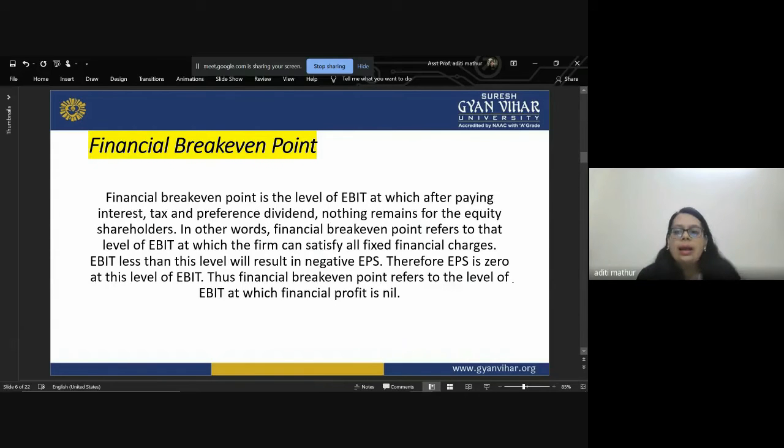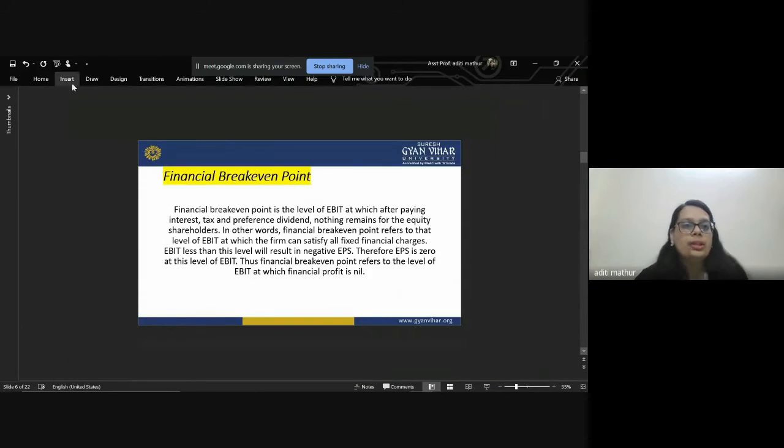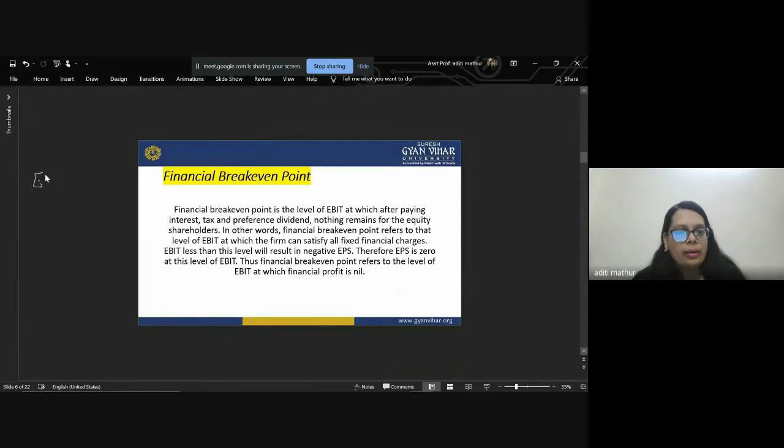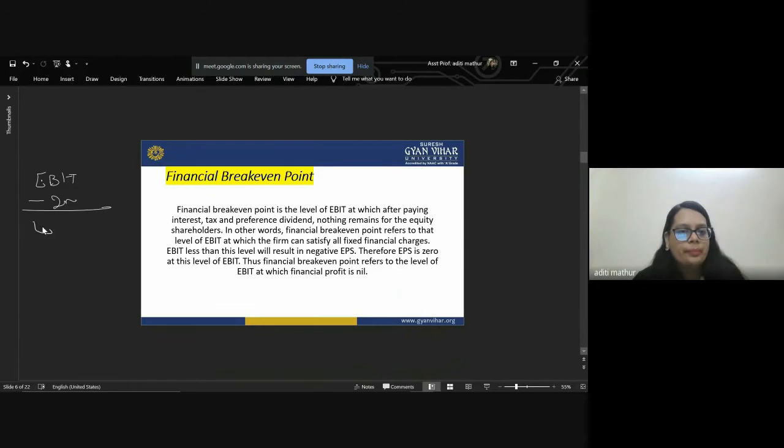That means it is a situation in which when you pay your interest, that is your EBT, then your tax, it is EAT, then your preference dividend, it is EAES.